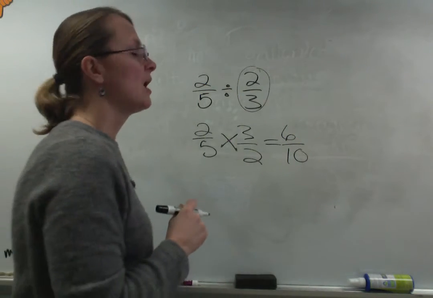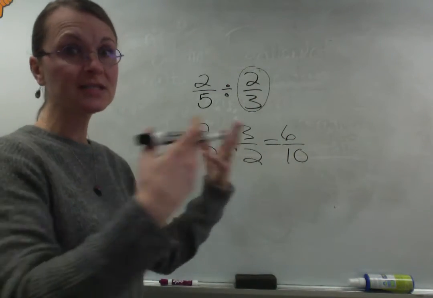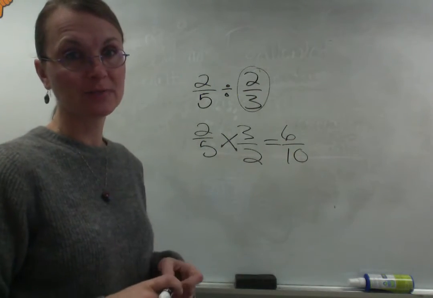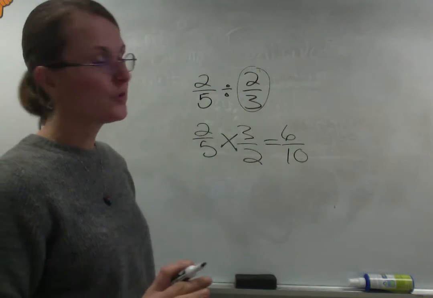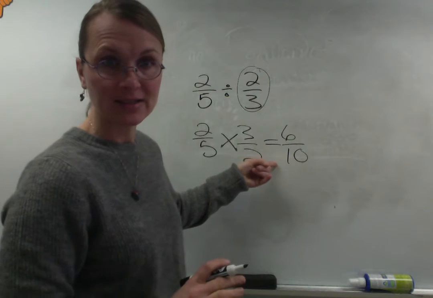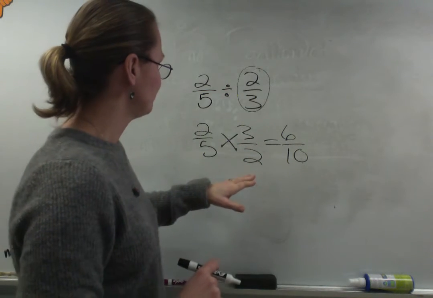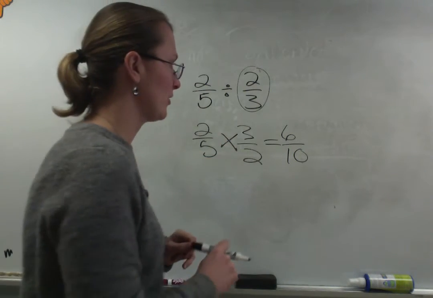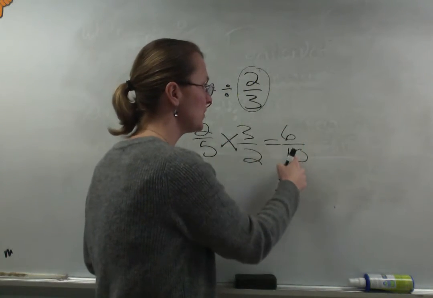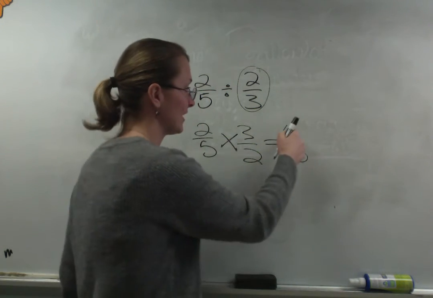So easy. All right. And then, again, the hardest part is just going to be making sure your fraction is in simplest form. So for those of you who need a reminder about simplest form, once you have your answer, it gets put in simplest form. There are some tricks that you can do here, but I'm going to hold off on those right now. So you have to see if there is a number that both 6 and 10 can be divided by.